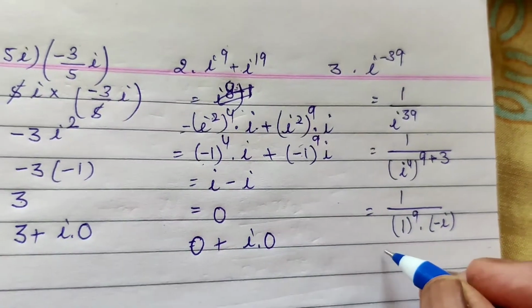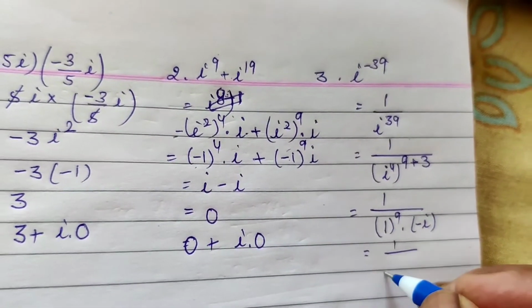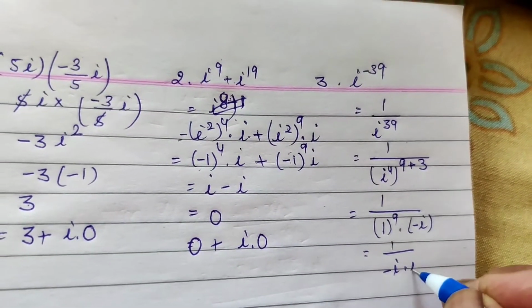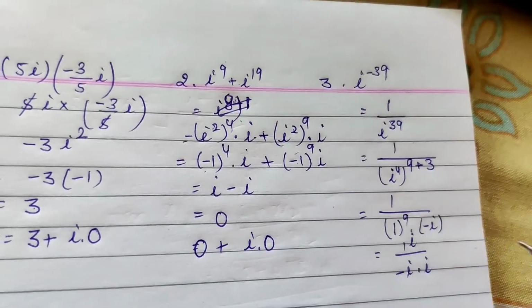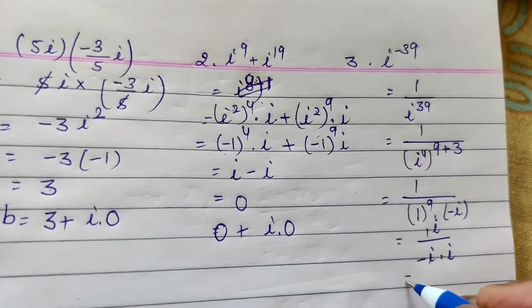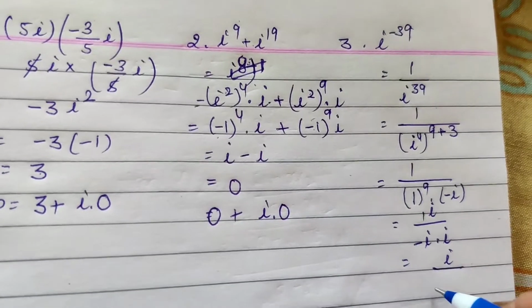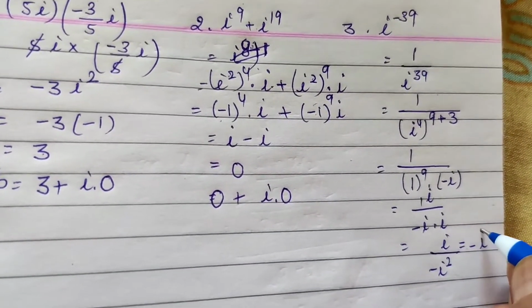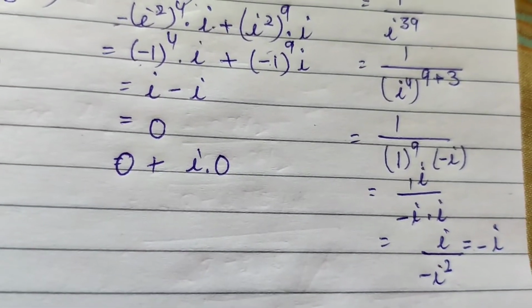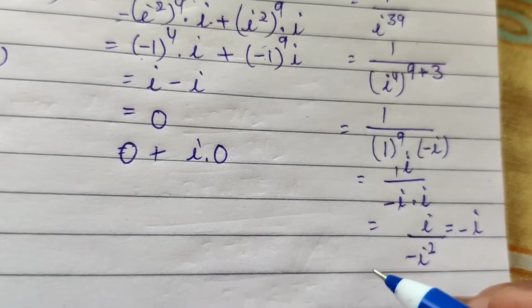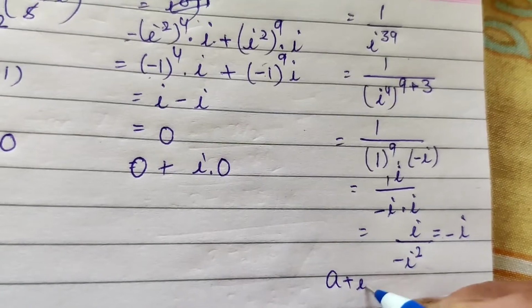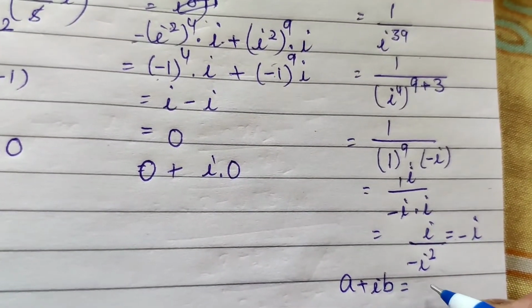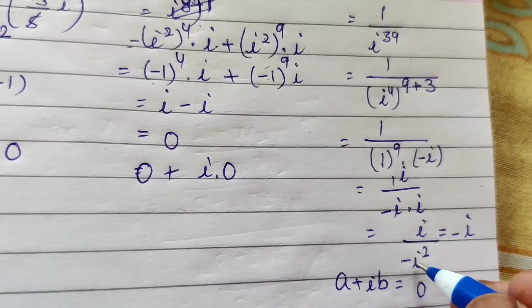Okay, so it is equal to 1 upon minus i. Now multiplying i in both numerator and denominator, we get i upon i square. i square is -1, so it is minus i. Okay, minus i. So we can write in the form of a plus ib equal to 0 plus minus i.